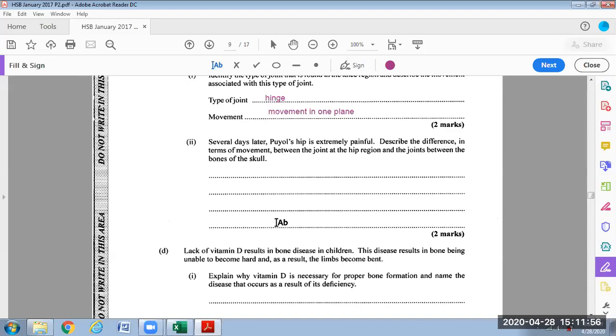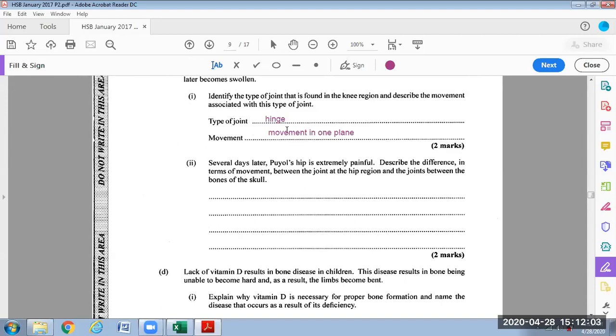If you have these kinds of questions in the exam, it's not straight to the point like these. First you have to ask yourself, what is that joint called? And what is the joint between the bones of the skull called?